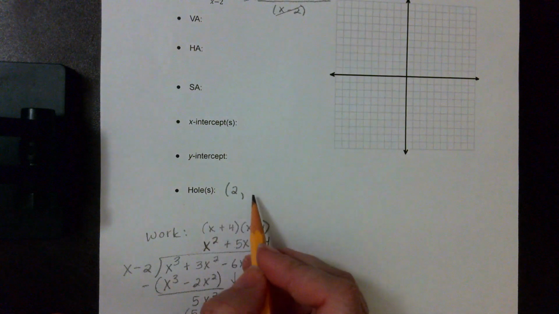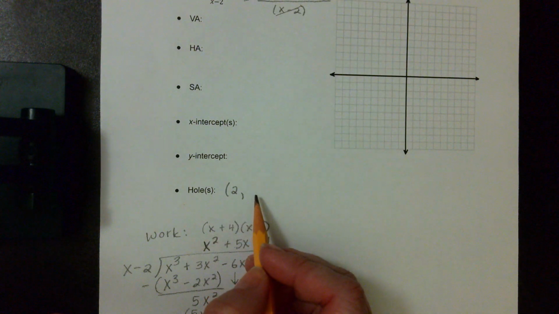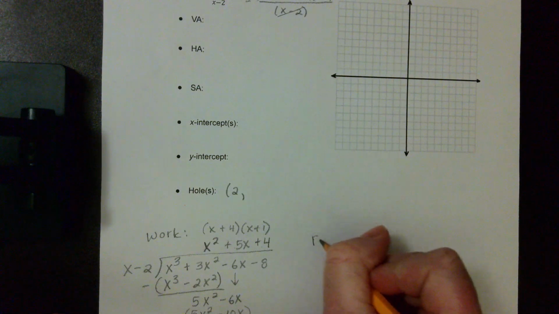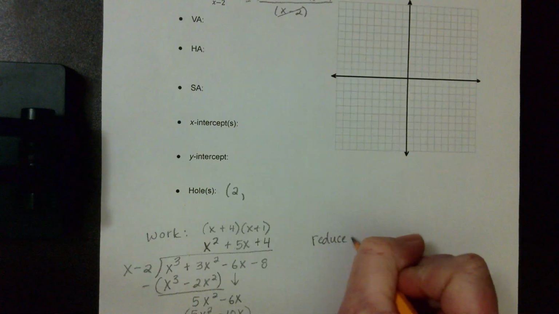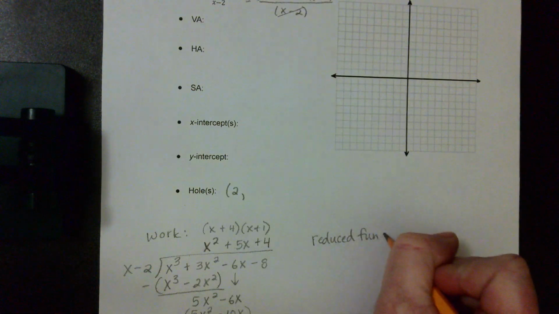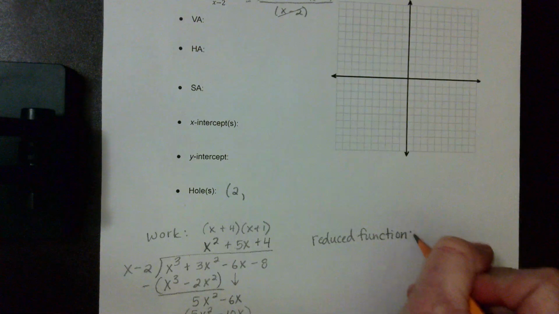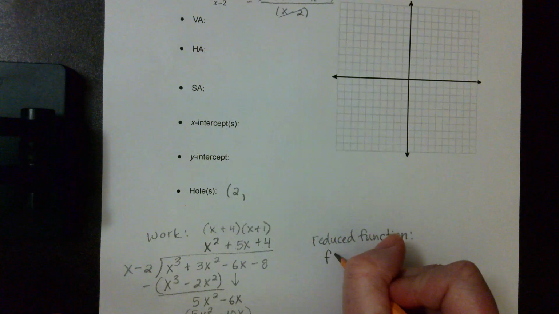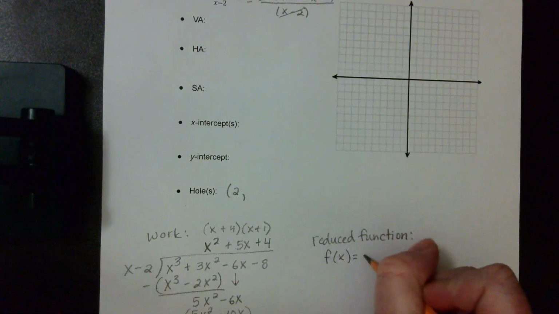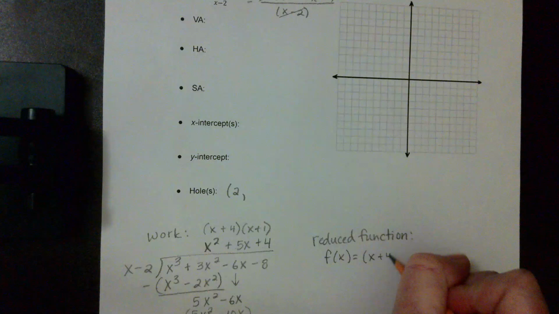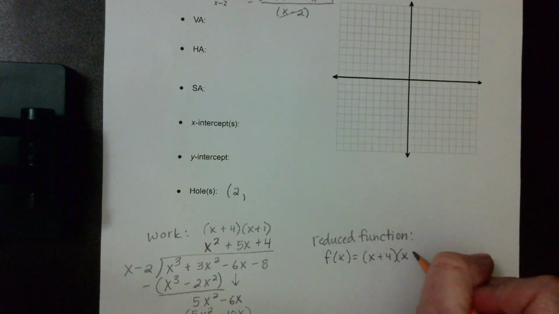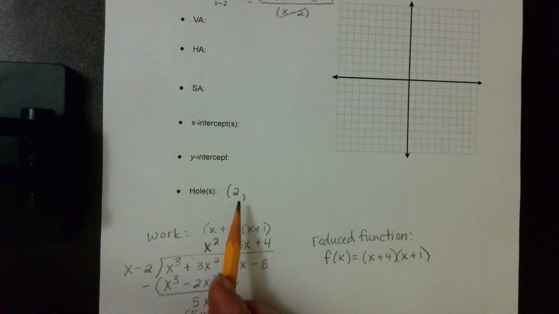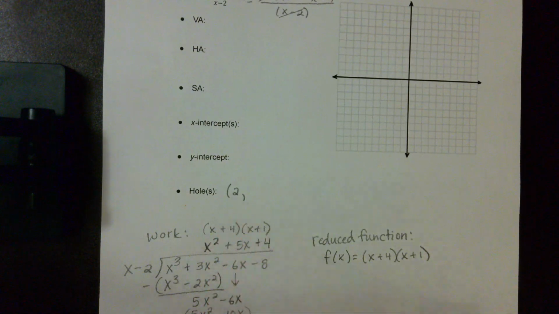Now, to evaluate the y value for my hole, I want to look at my reduced function. So my reduced function is going to be f of x equals x plus 4, x plus 1. So now what I want to do is evaluate at the x value for my hole.